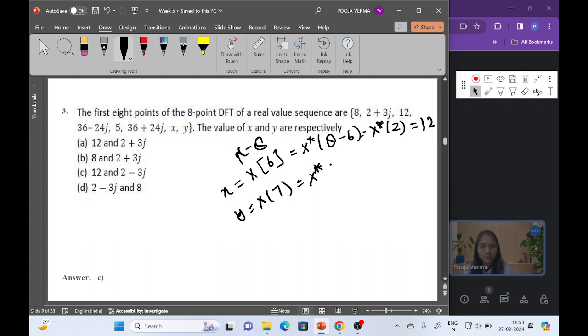This will be the conjugate of X(8 minus 7), that is the conjugate of X(1). X(1) is 2 plus 3j, and the conjugate of this is 2 minus 3j. So what is the correct answer? x is equal to 12 and y is equal to 2 minus 3j. So option C is the right answer. Are you getting it? Can anyone answer?